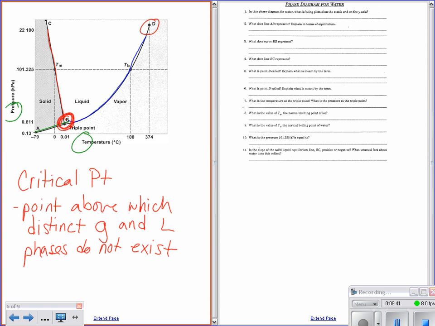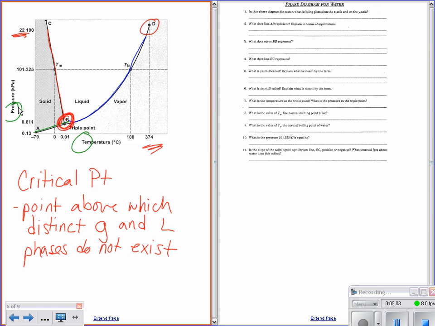So above that point, you will not have distinct gas and liquid phases. And again, that's not something that we typically see. Look at that high pressure, look at that high temperature. So that's not something that in our daily situations we usually see for most substances.